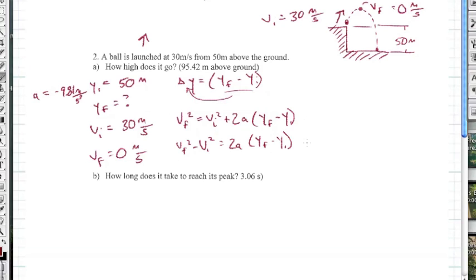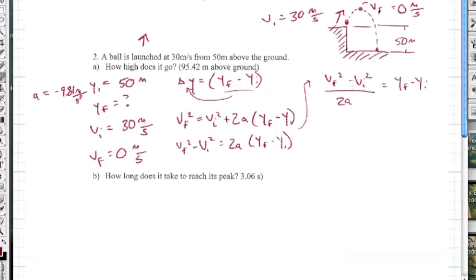And then I want to divide both sides by 2A, right? So VF squared minus VI squared divided by 2A equals YF minus YI.